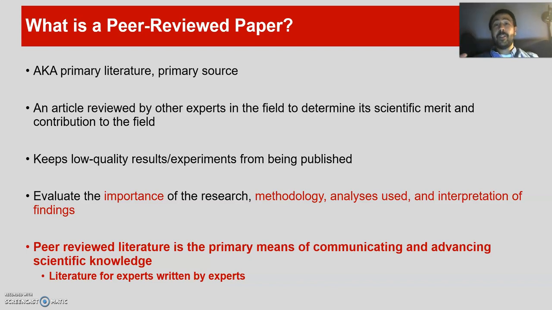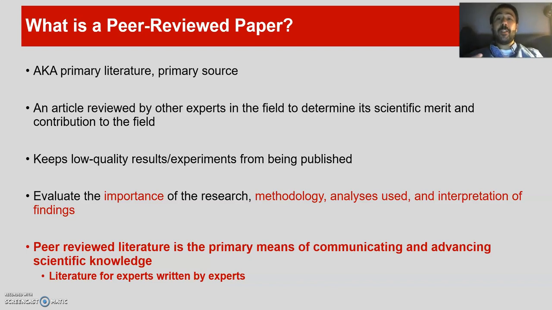And the whole purpose of the peer review process is to make sure that the highest quality science is being published. Its job is to keep poor science or junk science, or poor science by good scientists, as sometimes happens, from being published, right?